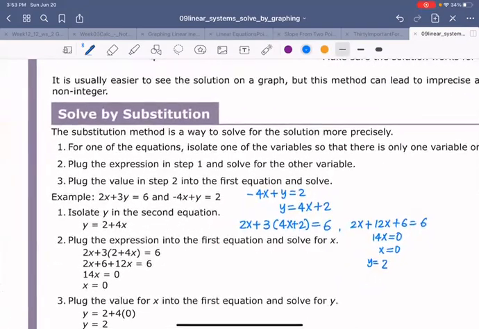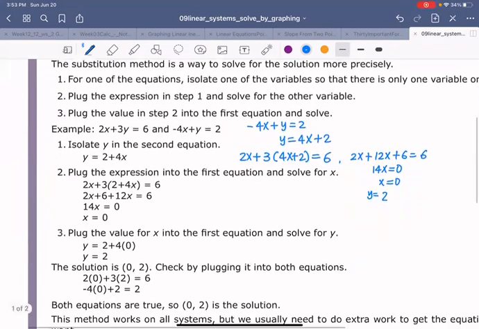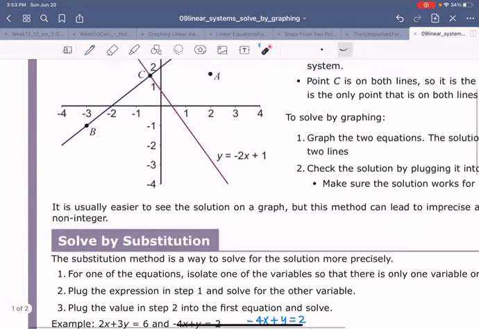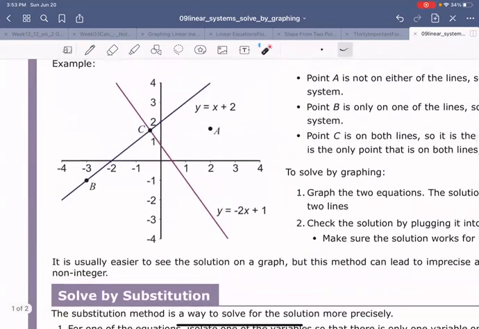Solving a system of linear equations: well, the name sounds complicated, but it is actually easy. You have one line and another line, and that's called a system of linear equations, which is the easiest kind of system from now on. In high school, you will learn nonlinear functions.